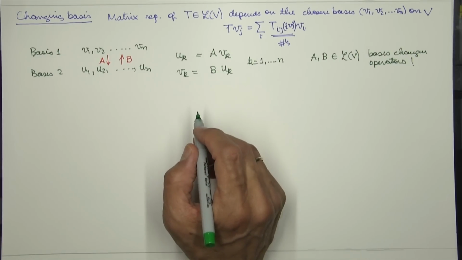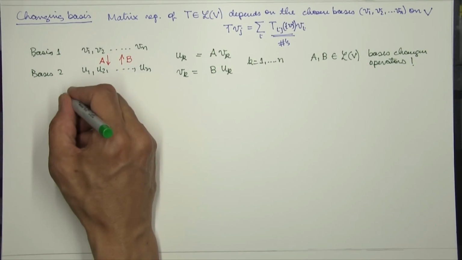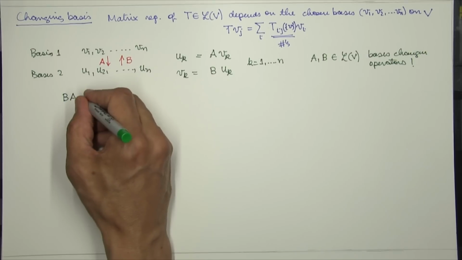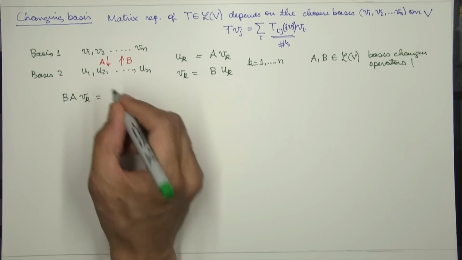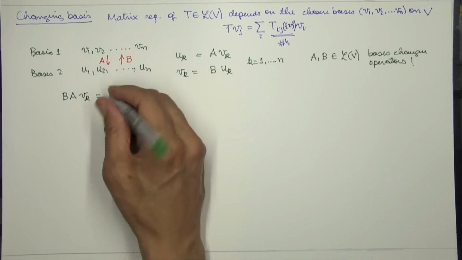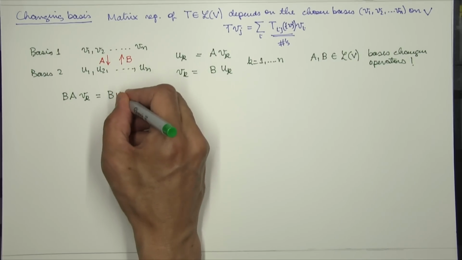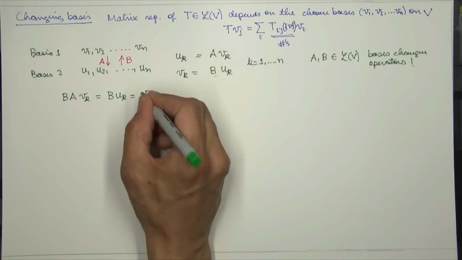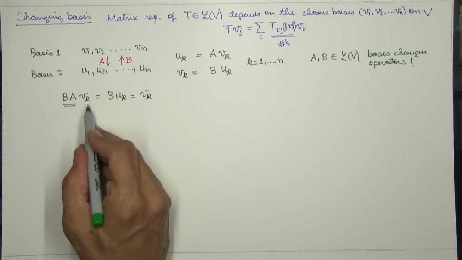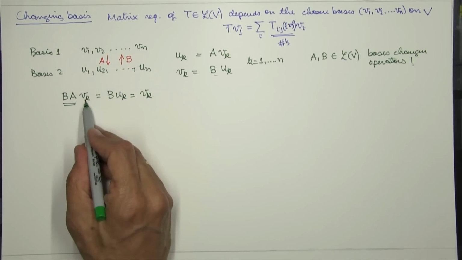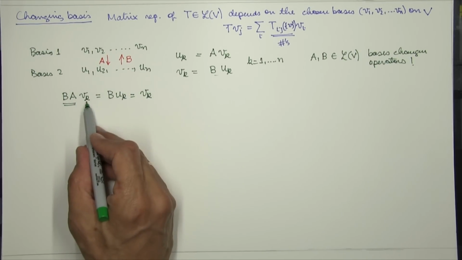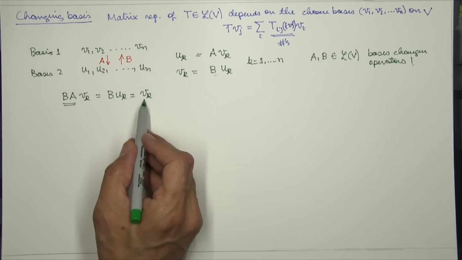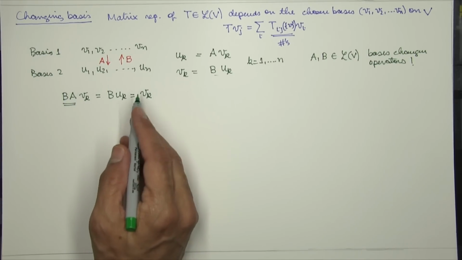And therefore, for example, you can have the following situation. You can calculate what is B times A on Vk. Now, A on Vk is Uk, so you have B Uk, and B Uk is back to Vk. So BA acting on Vk is Vk. So since the V's form a basis, and this is true for every k, BA doesn't change any vector. So BA is the identity operator.